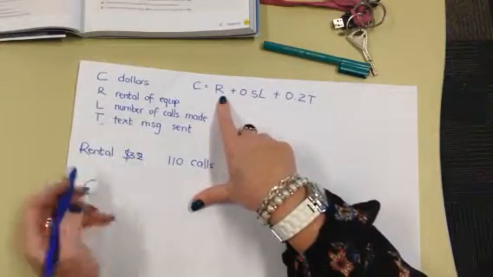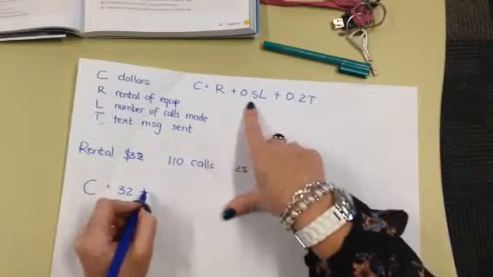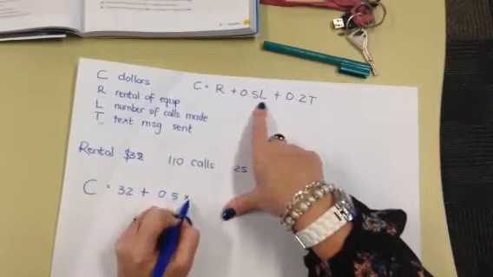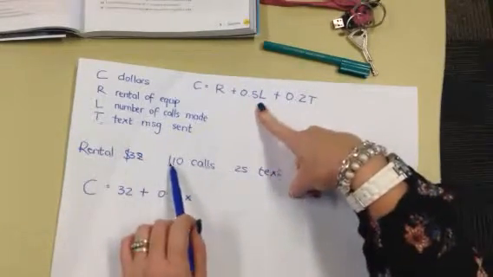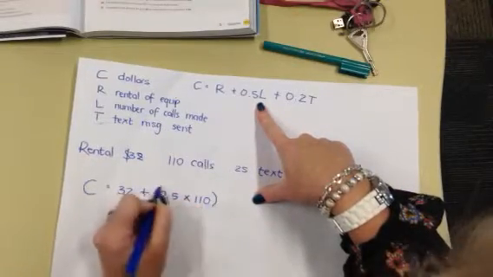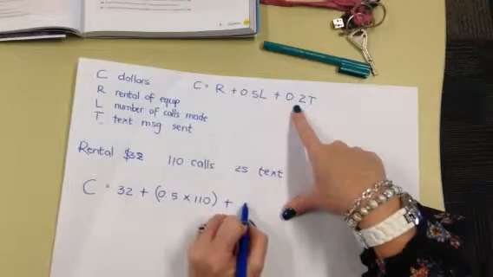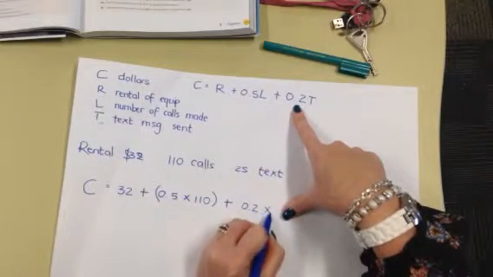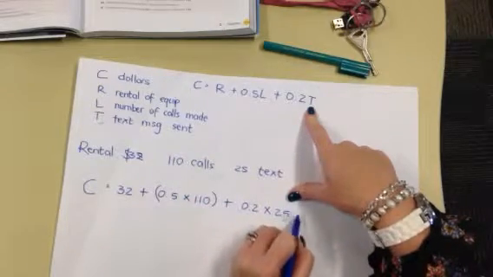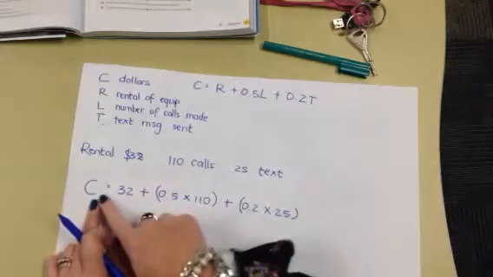What was the rental? 32, so we've got 32, and then we've got to add 0.5 times L. What was L? The number of calls. 110 calls. Let's put that in brackets because it's a multiplier. Plus 0.2 times T, which were the text messages, and there were 25. And that'll give us what our cost is.